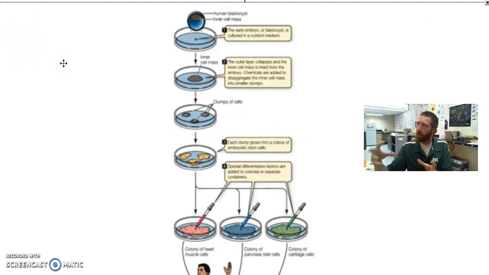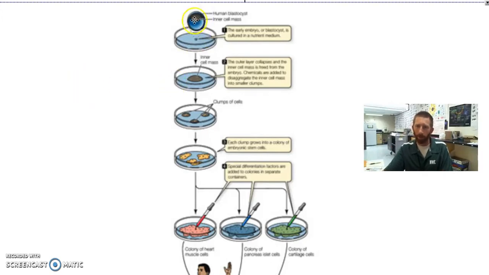So when we think about cloning animals, right, we always wonder, do we have to have human clones? Are humans going to clone themselves? Well, maybe, but not the way you're thinking. I don't know what you're thinking, but we have to remember back to stem cell technology when we talked about mitosis.